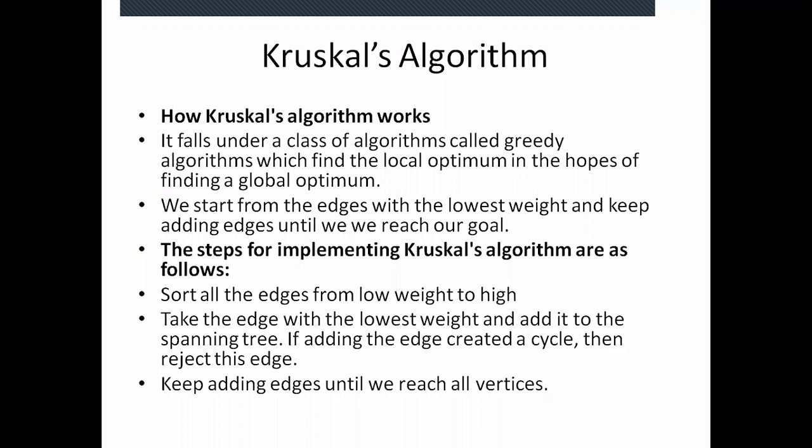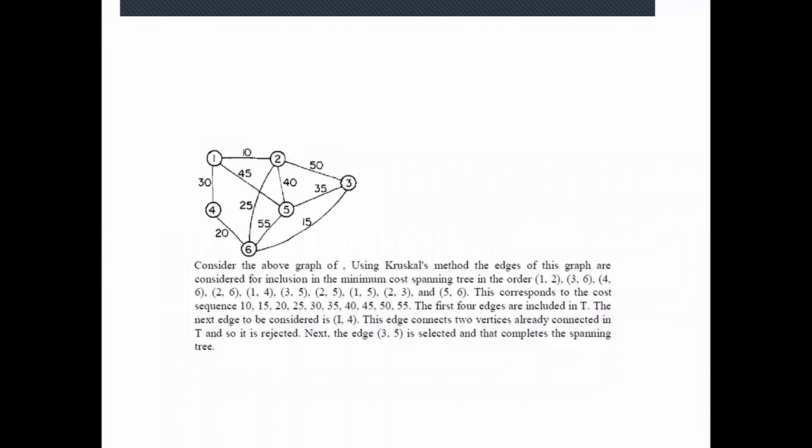Otherwise, we will add it to our spanning tree. So we will add edges until we reach all the vertices. Once all the vertices are connected to each other, that would be your spanning tree. I think I will first take one example, then it would be clear how to create a spanning tree using the Kruskal algorithm.